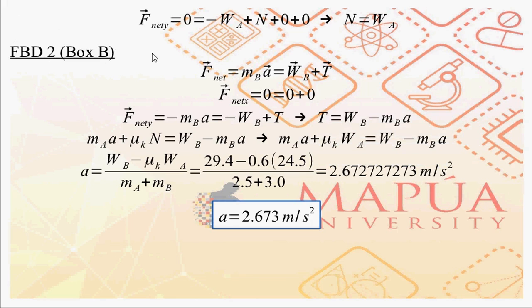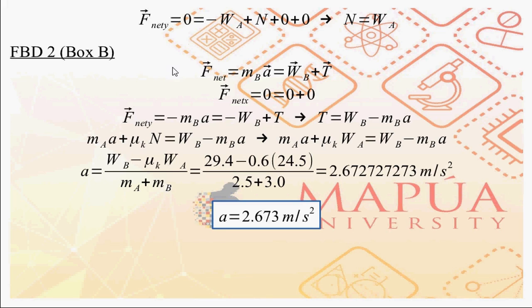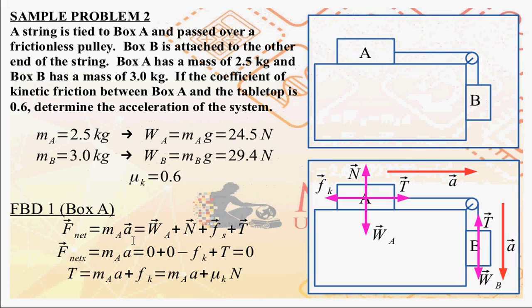Sorry about that. We were just at the x component, so let's look now at the y component. The y component of F net is F net y. The y component of acceleration: acceleration is horizontal, therefore no y component. The y component of weight is vertically downwards.